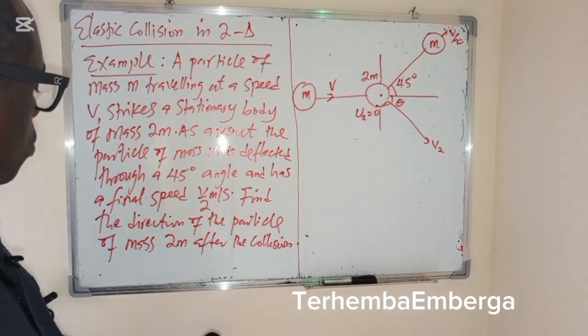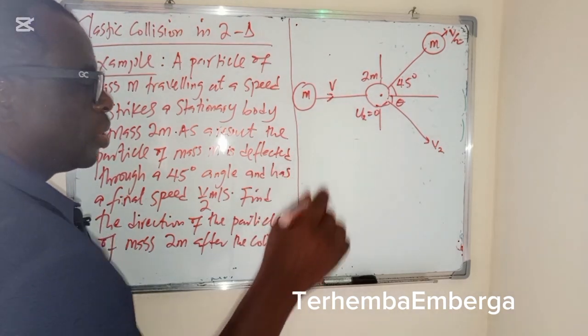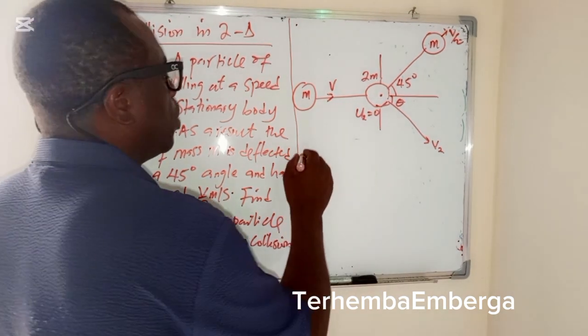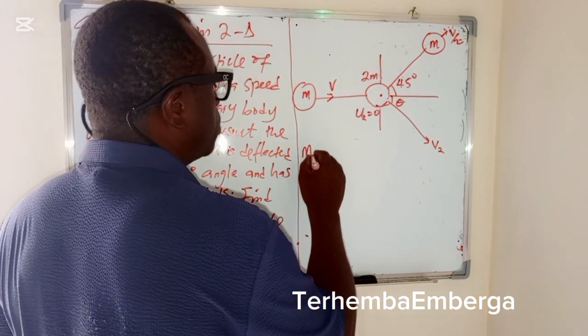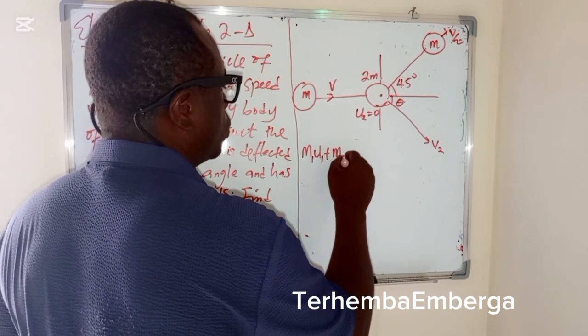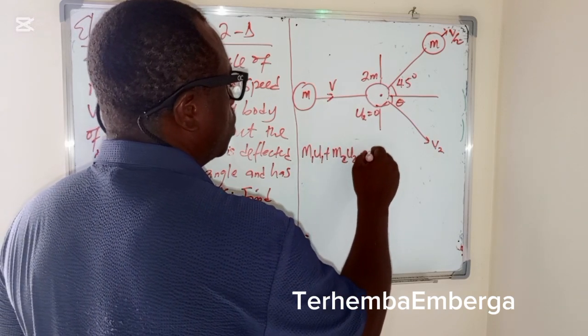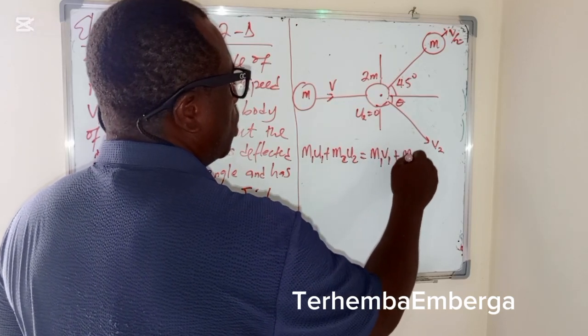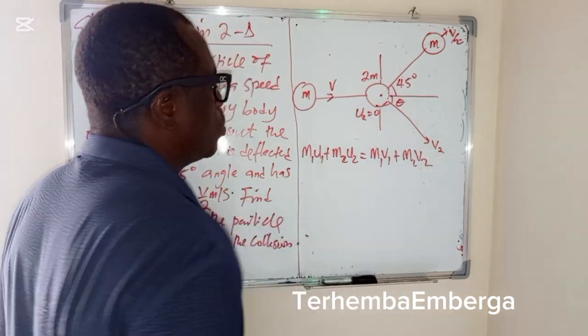So, using the principles of conservation of momentum, we have that m1 u1 plus m2 u2 is equal to m1 v1 plus m2 v2.